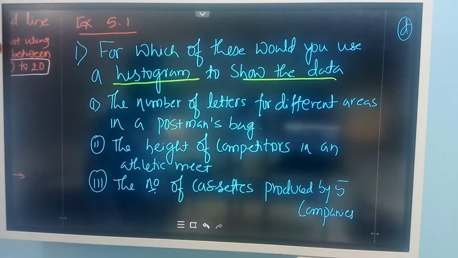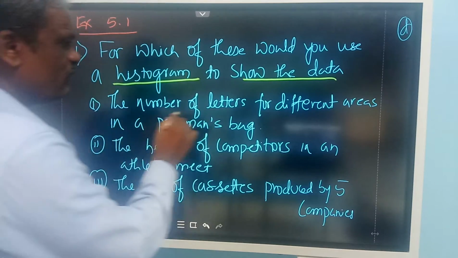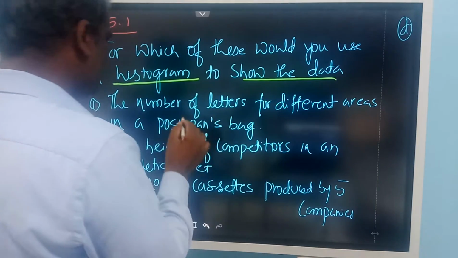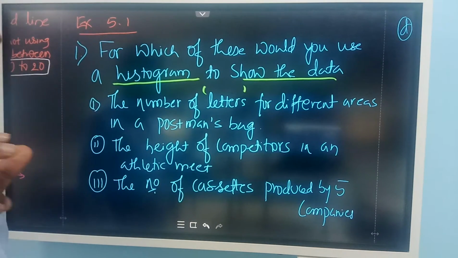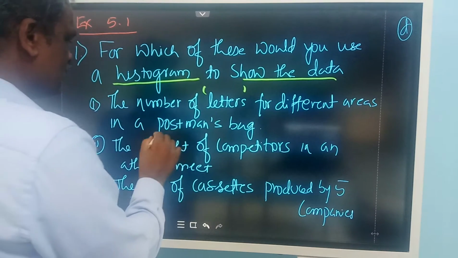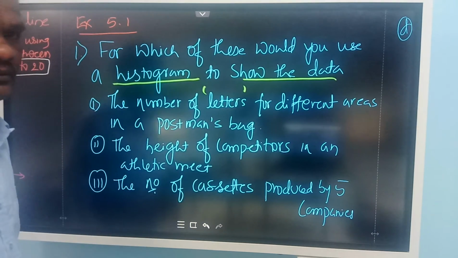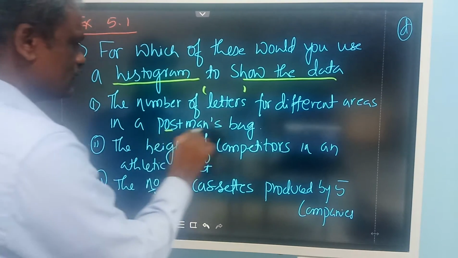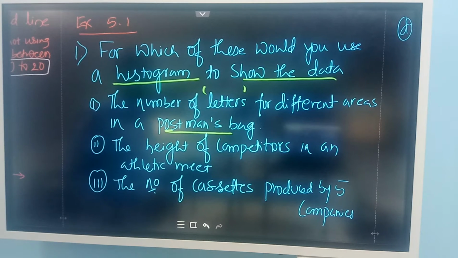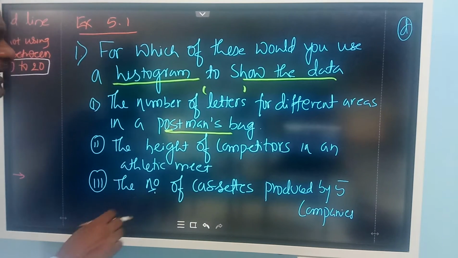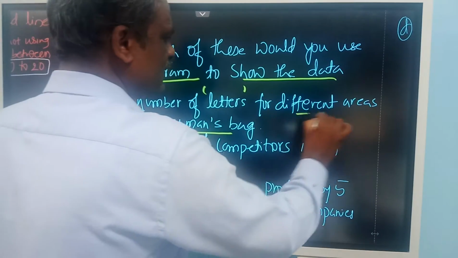Some examples are here. First one, the number of letters, not alphabetical letters, postcard letters, for different areas in a postman's bag. Postman's bag: we use bar graph. Sir, we do not use histogram. Yes, this is not used for the histogram because of different areas.